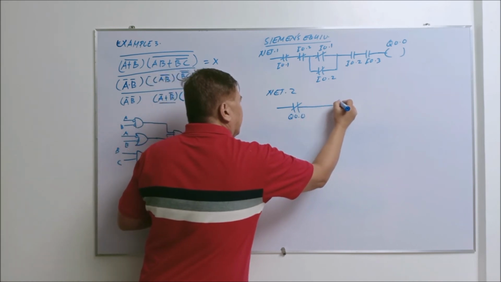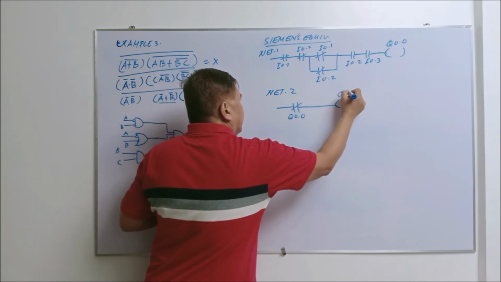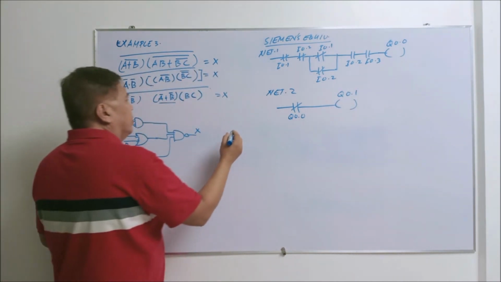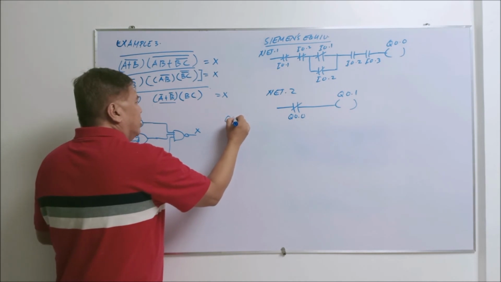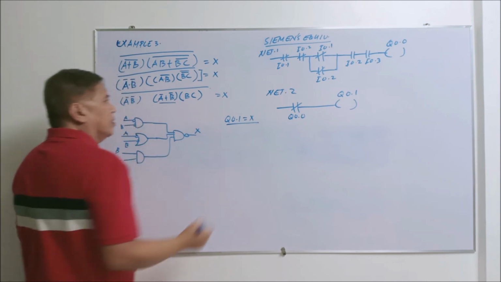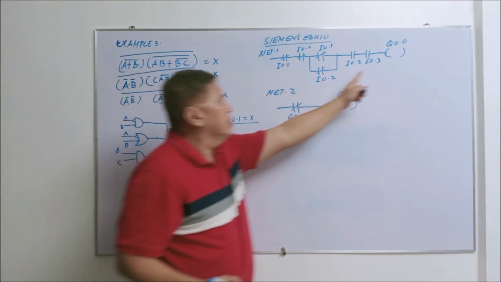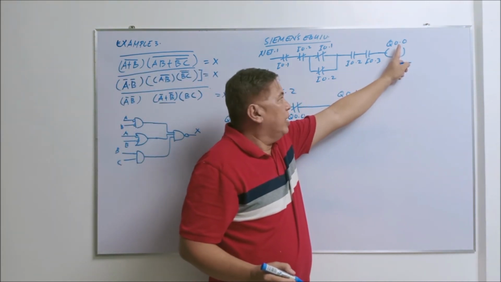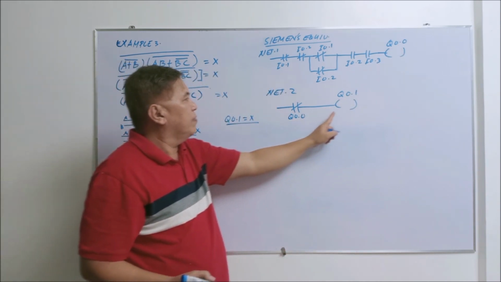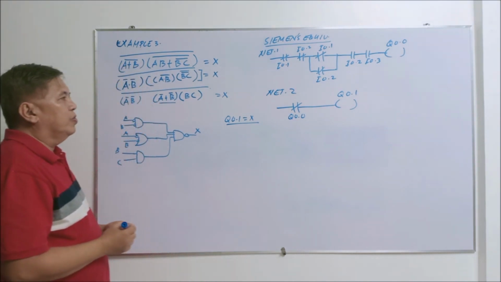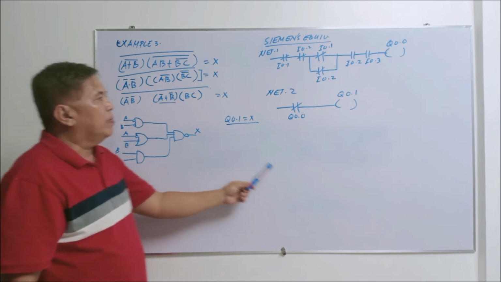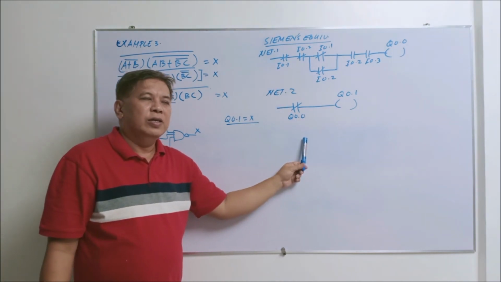And then the final output Q 0.1, and that is your X. Okay? Your Q 0.0 is your logic relay with an internal contact of Q 0.0, and then the final output is Q 0.1. So that is how we make a program using ladder diagram in Siemens.